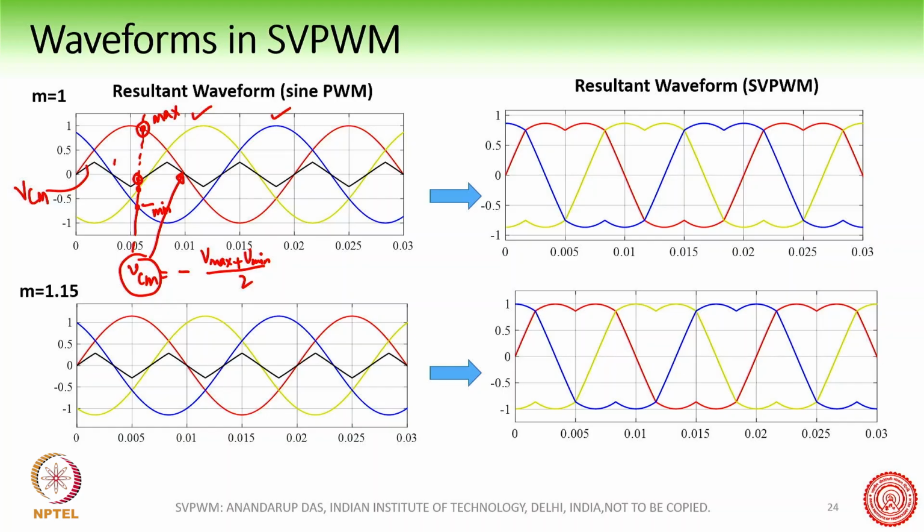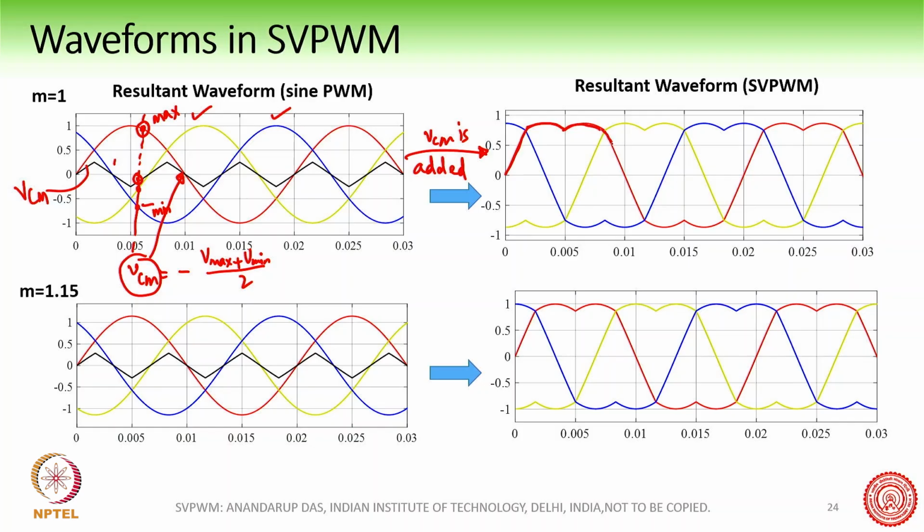Now you add this common mode voltage to all the three phases. Because it is a common mode voltage, you add it to each of them. Once VCM is added to the sine waves, you get this waveform here.